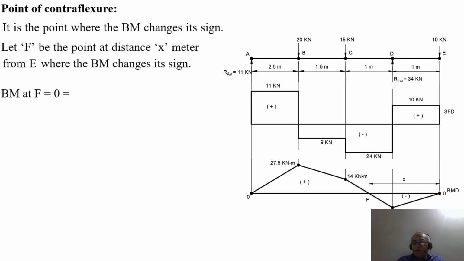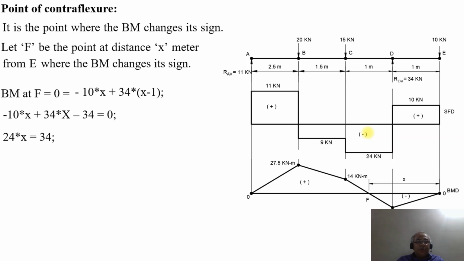The bending moment at the point F, we know, is changing from positive to negative, so obviously it should be 0. So then it will be minus 10 into x plus 34 into x minus 1 equal to 0. Once you expand, it is minus 10 into x plus 34 into x minus 34 equal to 0. So 24 into x will be equal to 34.